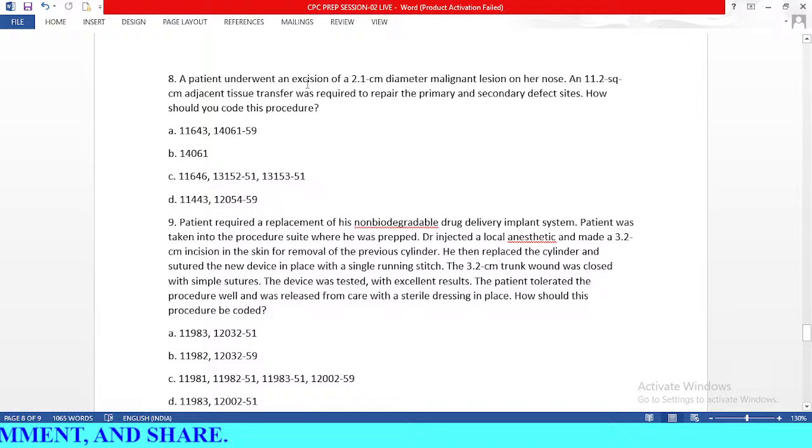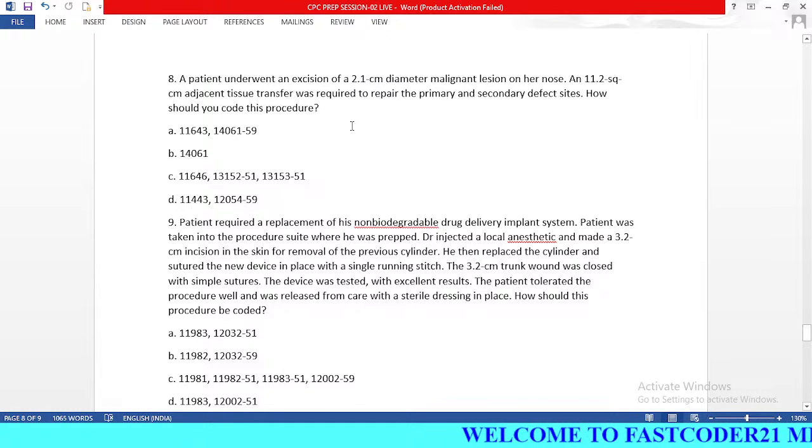Next, we have only two questions now. A patient underwent an excision of a 2.1 centimeter diameter malignant lesion on her nose, and an 11.2 square centimeter adjacent tissue transfer is required to repair the primary and secondary defect sites. How should you code this procedure? You guys take 2 minutes and answer this one.